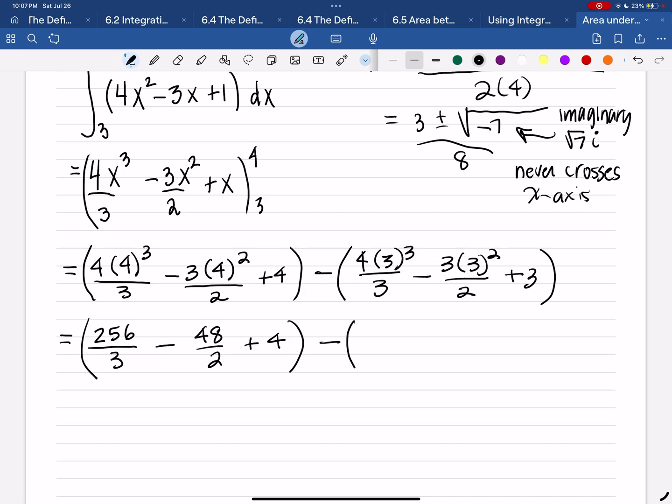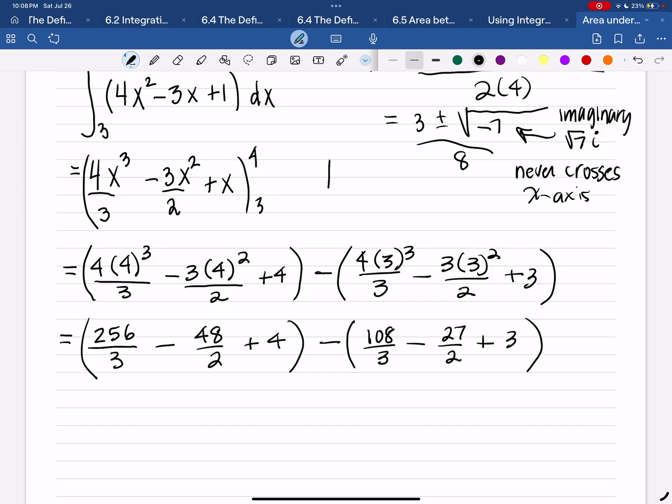Minus 4 times 3 cubed. 3 cubed is 27. 27 times 4 is 108 over 3. Minus 3 times 9 is 27 over 2 plus 3. Now, some of these fractions will reduce, but I'm not going to worry about that.